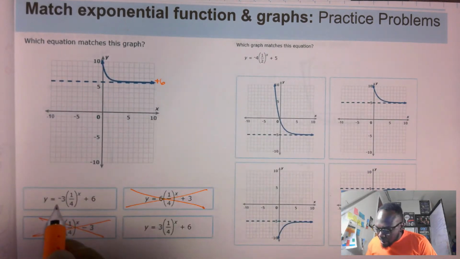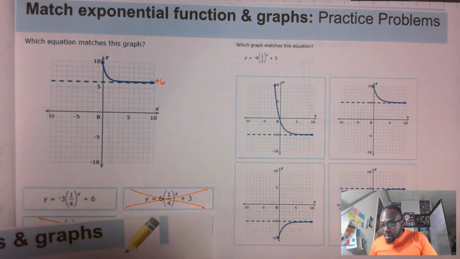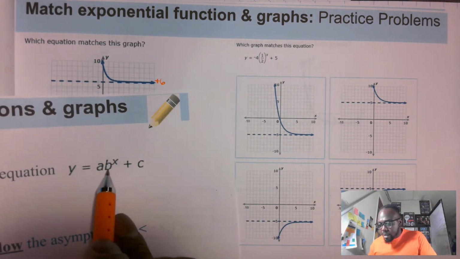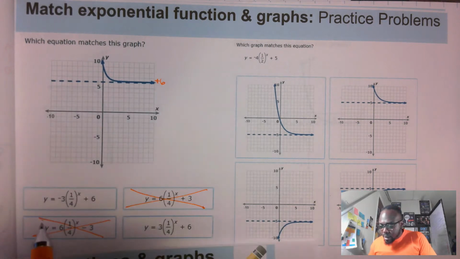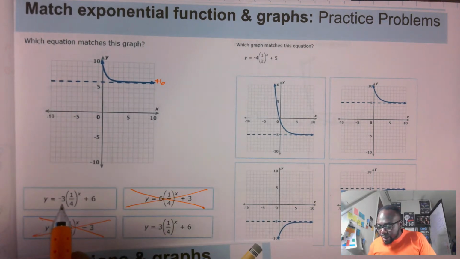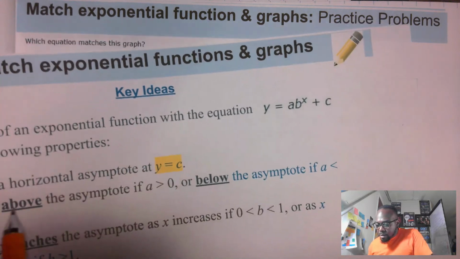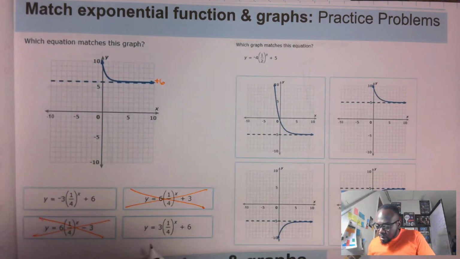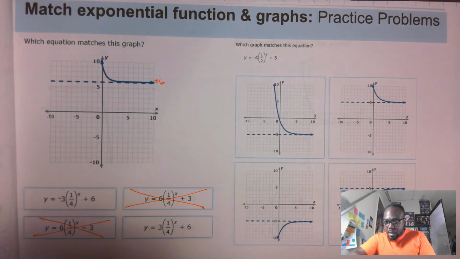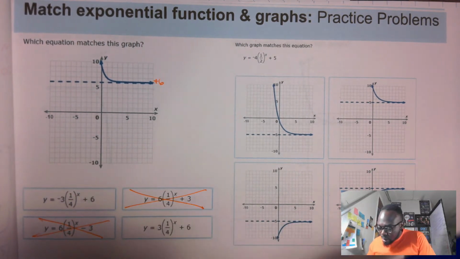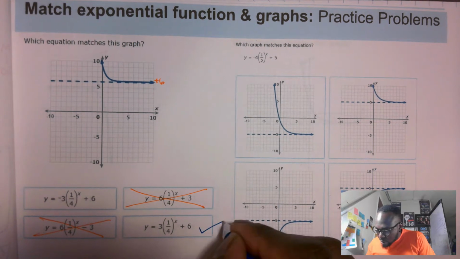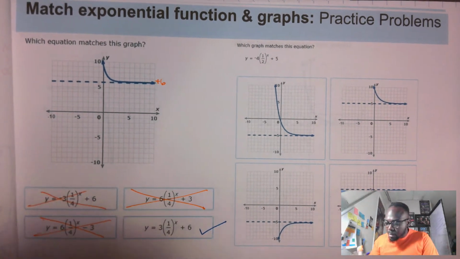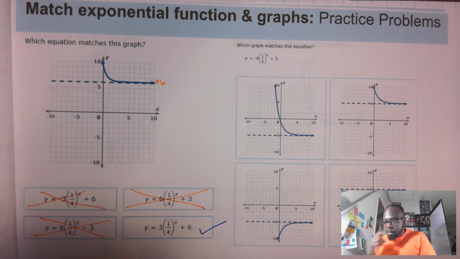Remember, you have to be in this form, y equals a b to the x plus c. Here a is negative, but since the graph is above, we wanted a greater than 0. So a greater than 0 would be this equation. So the answer would be this one. We would also put an x through this one. We would not select that one. This is the one that we would select.